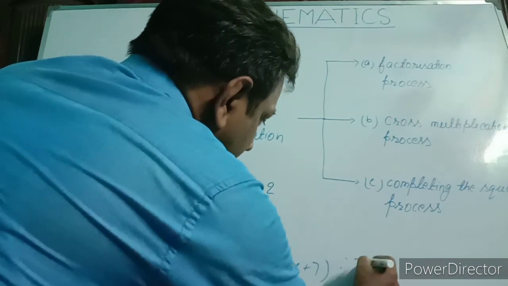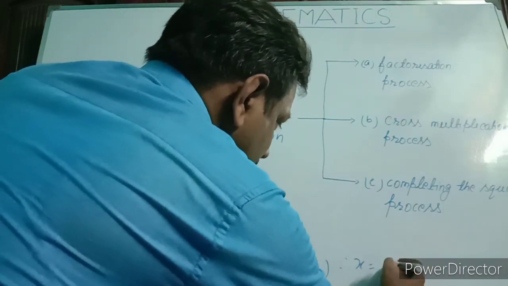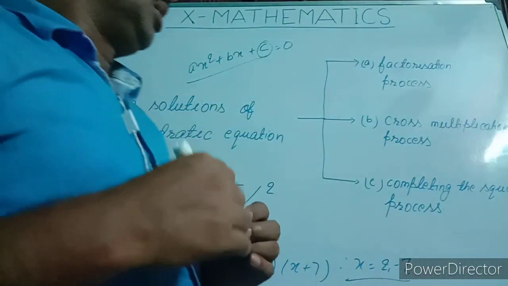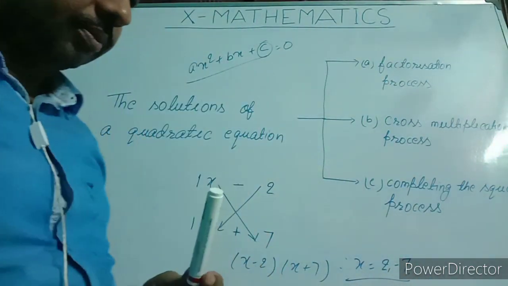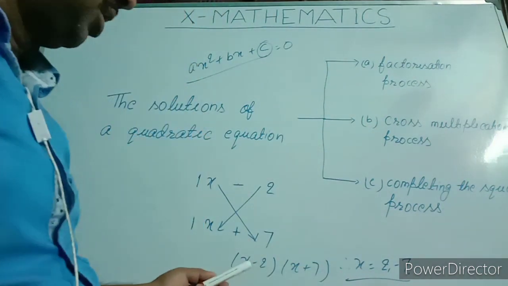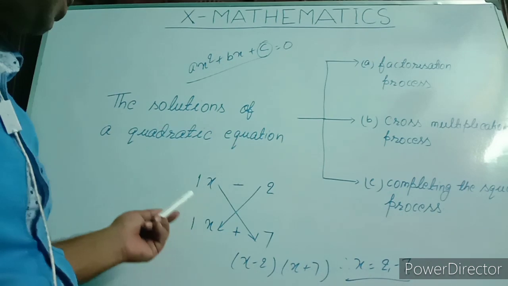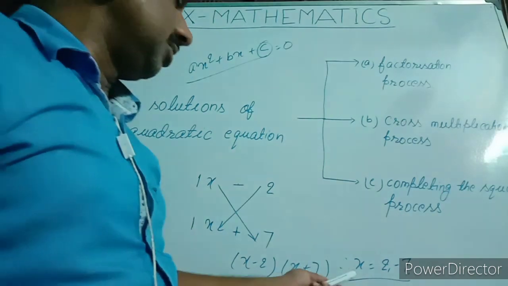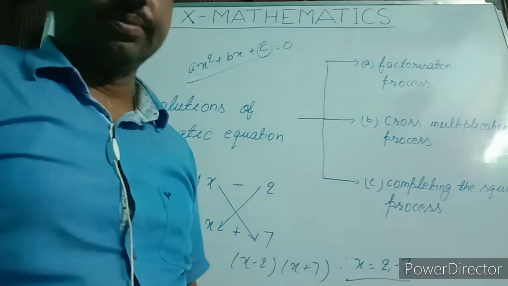From here we can find the values of x, that is 2 and minus 7. And the last point, from the four points I wrote a few minutes ago, we are asked to write the correct form of the answer, that is based on the values of x.